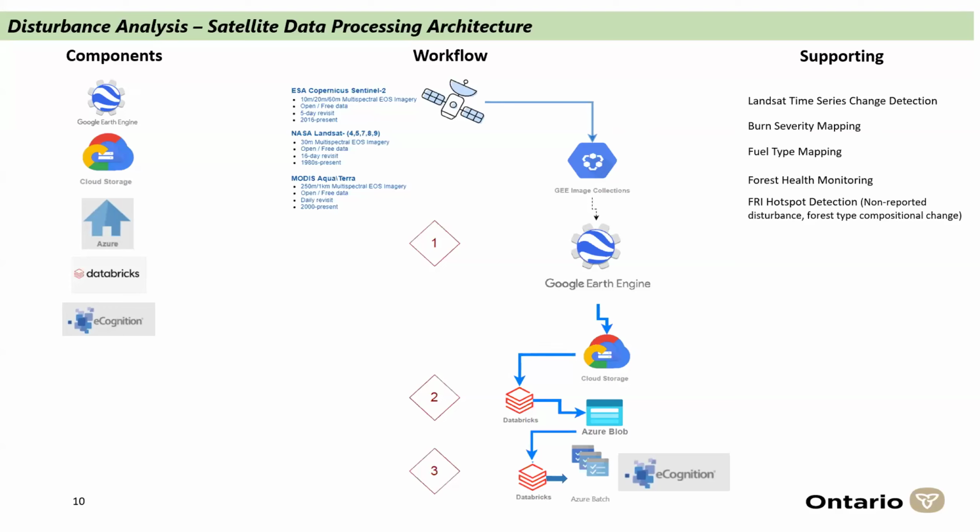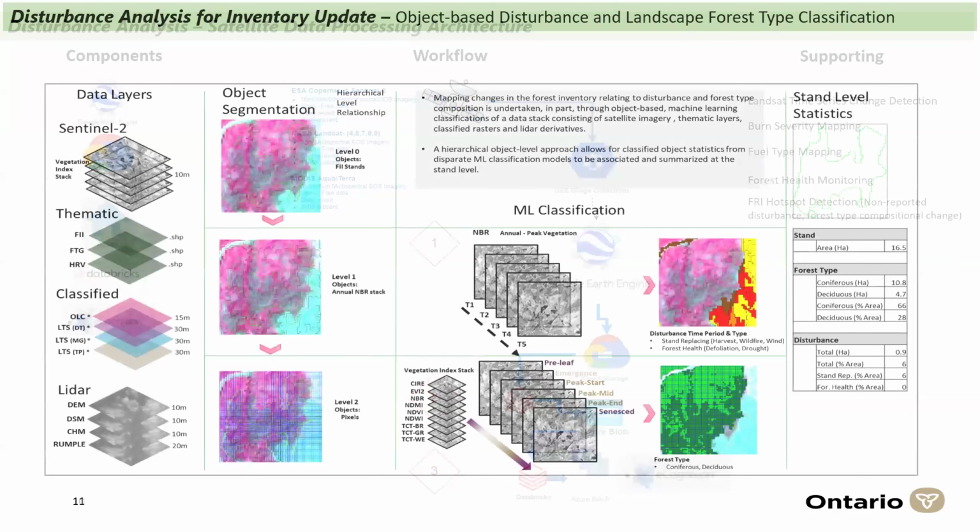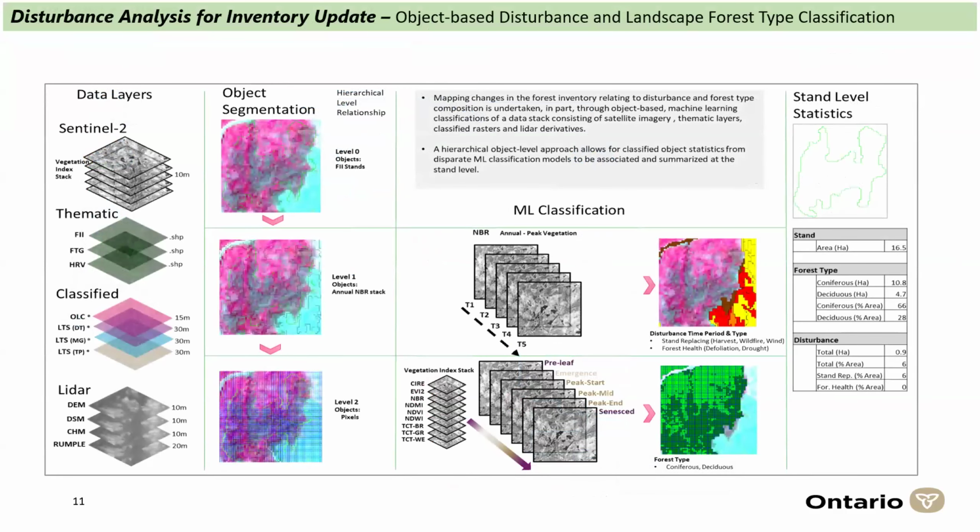So with that, I'll jump into this application of disturbance mapping for assessing changes between our term 1 and our term 2 inventory, something that we labeled as our hotspot.